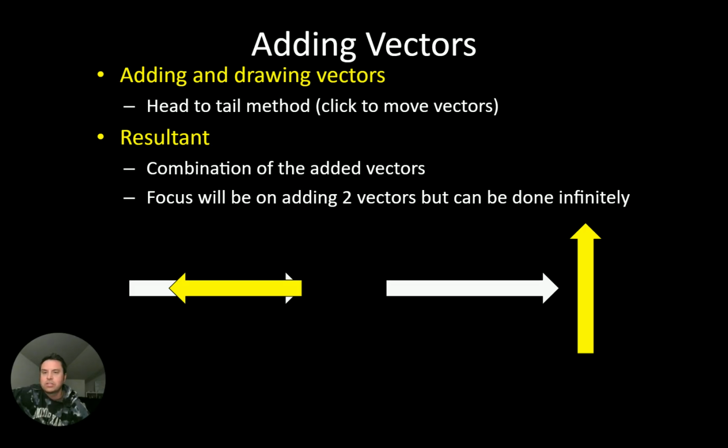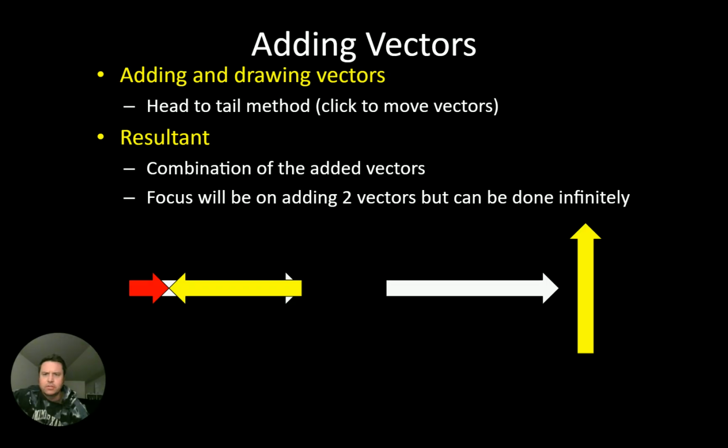And since I started at the start of the white vector, what I call my resultant would be this red vector right here. So if I went 4 to the right and 3 back, my resultant would just be that little bit that's 1. That's how we would add vectors, or in this case subtract, but add a negative if you want to do it that way.